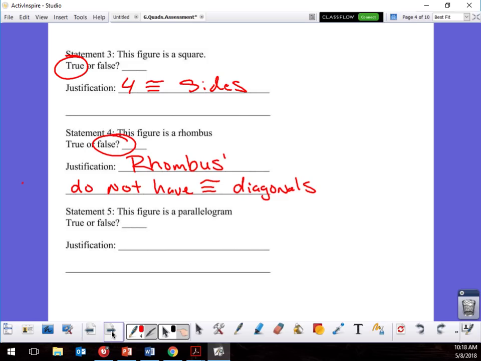So, how often is a rectangle a parallelogram? Always. So, what am I going to say for my justification? What did we say? We proved it a rectangle earlier, right? All rectangles. Yes.